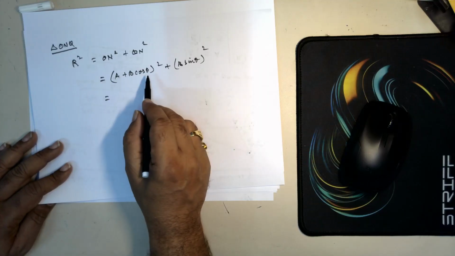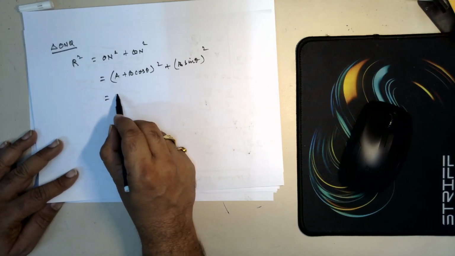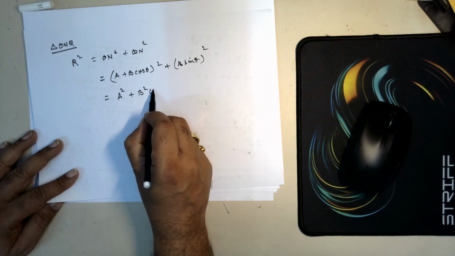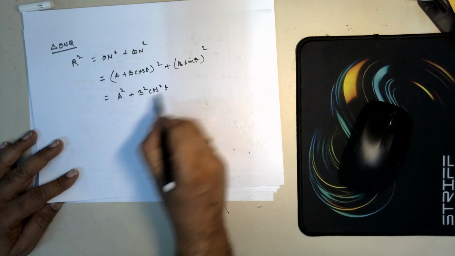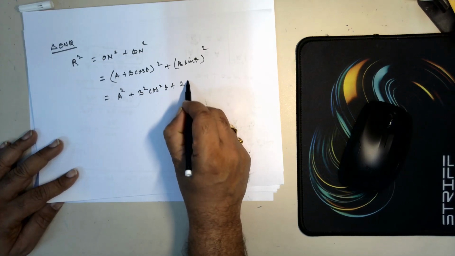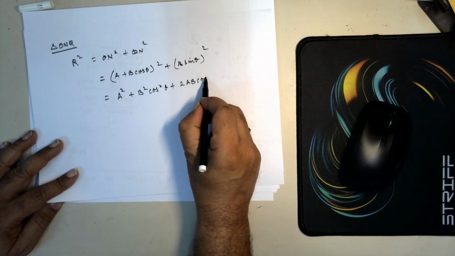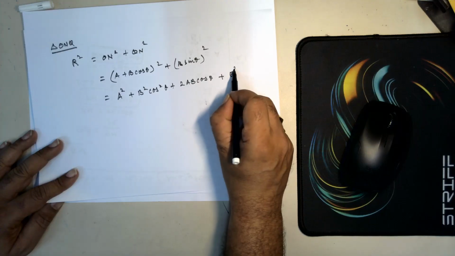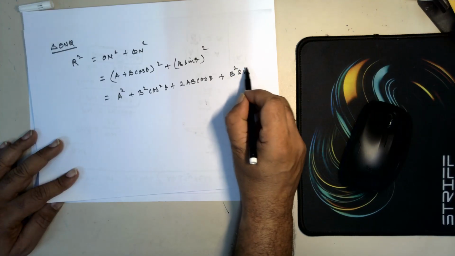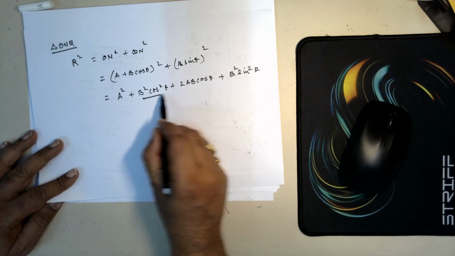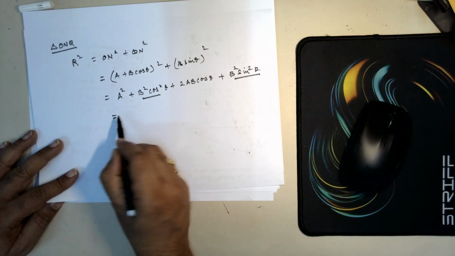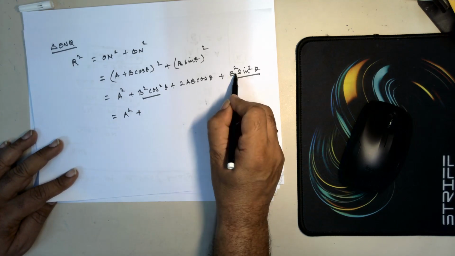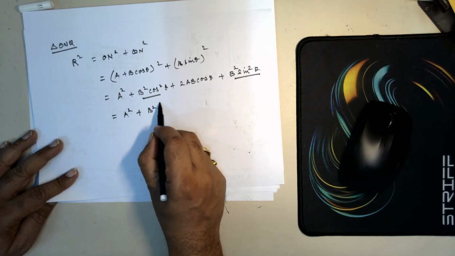Now you can apply the formula A plus B whole square. Tell me. A squared plus B squared cos squared theta, plus 2AB cos theta. And what about this one? B squared sin squared theta. So you can combine these two. Therefore, you have A squared plus, and B squared being common, you can take outside the bracket.